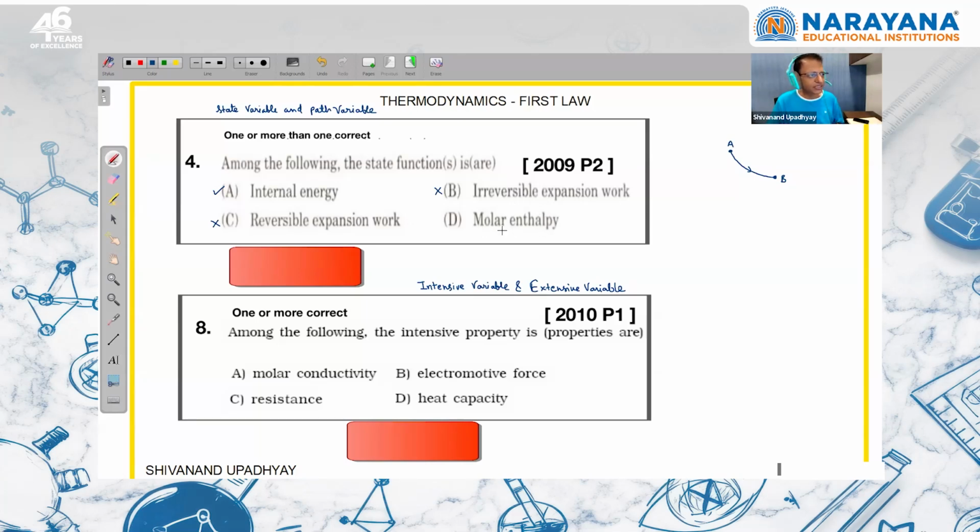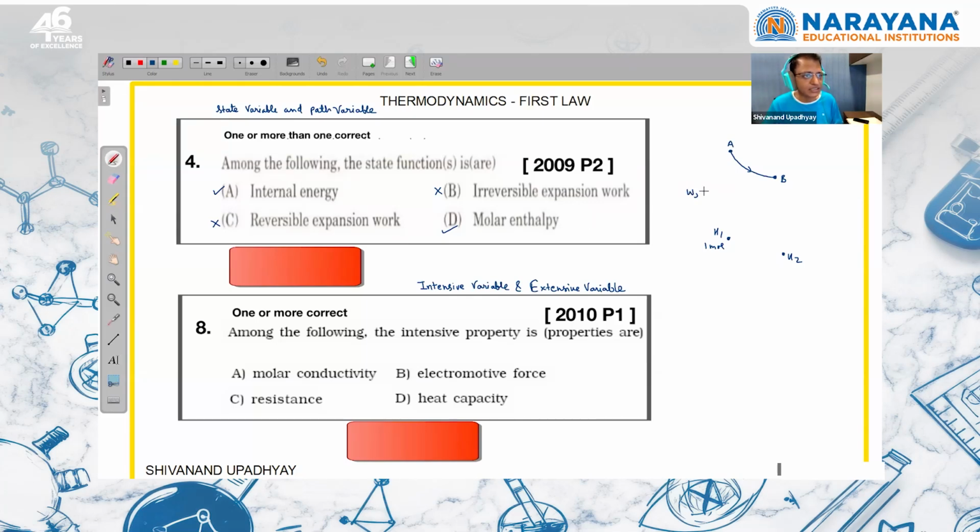Molar enthalpy or enthalpy is the property of the system, right? So enthalpy at any state can be H1 and enthalpy at another state will be H2. So molar enthalpy means the number of moles of the substance will be 1, but it is again a state variable, right? So these are state variables. If we talk about path variables, there are three variables which are path.